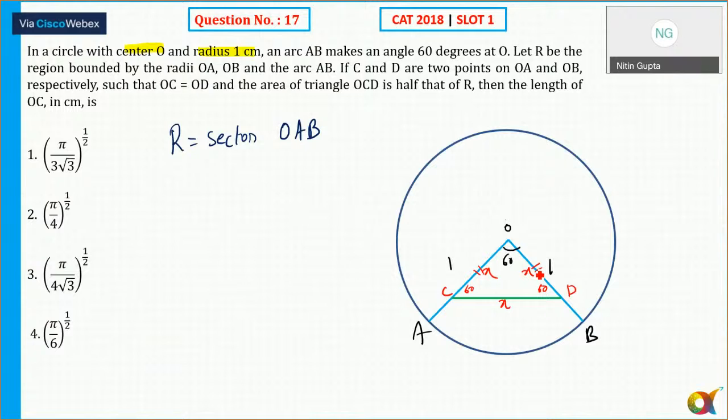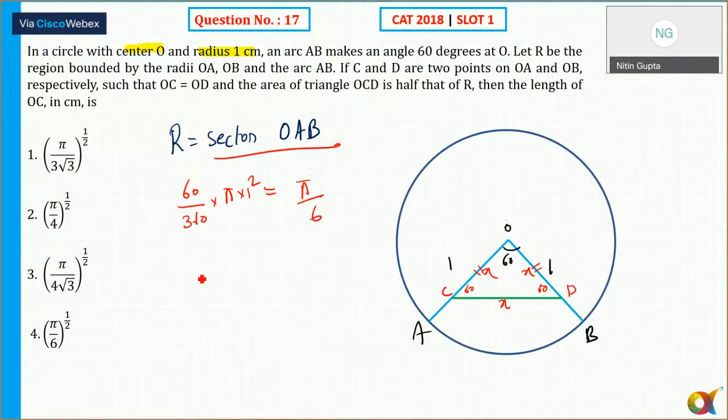Then the area of triangle OCD is half of that of R. So first of all, I need to find out the area of the sector. And what is the area of the sector? That is 60 by 360 into pi r square. So this value comes out to be equal to pi by 6.